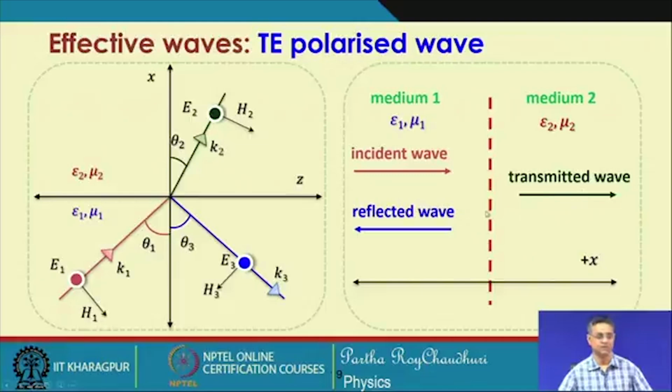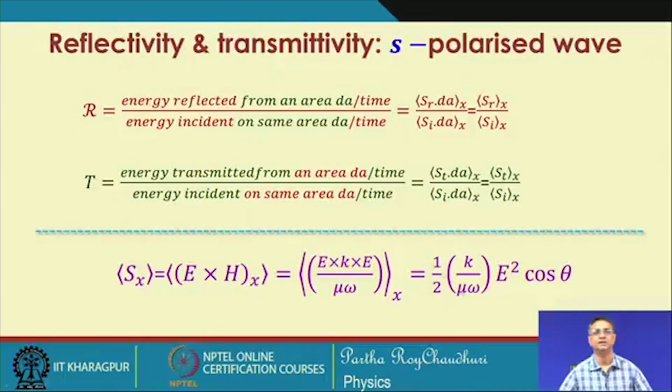With this arrangement we need to calculate how much is the x component of the energy that is going along this, in order to find out how much is the energy reflection.